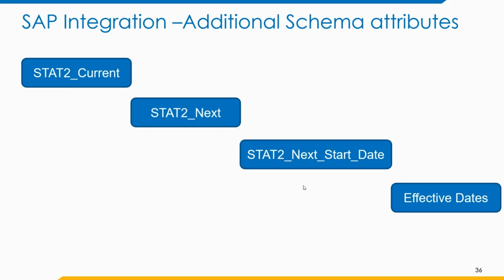It stores the effective dates for changes such as a manager change or a last name change. For example, the effective date when an attribute such as last name is going to change, or when a supervisor ID is going to change, is stored in the effective dates account schema attribute in a JSON format, which is a key-value pair structure.